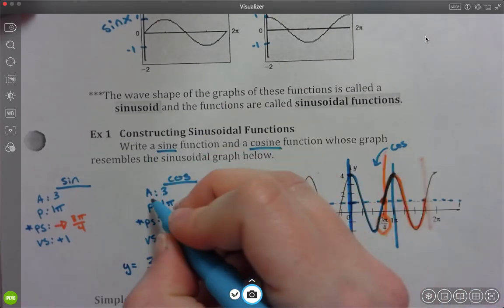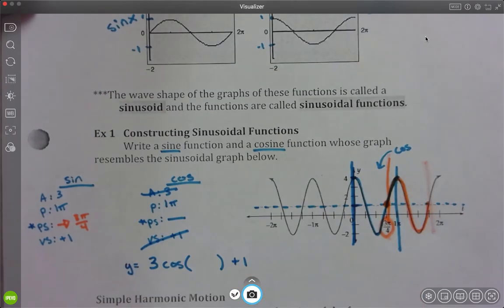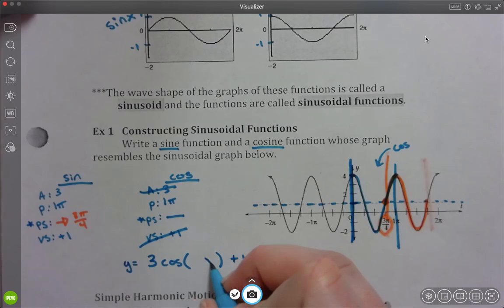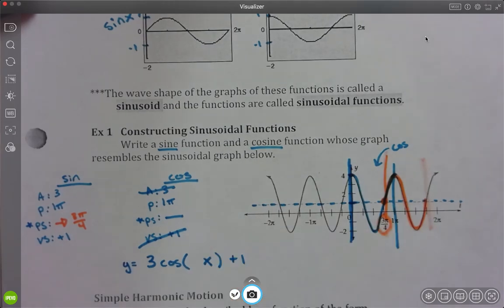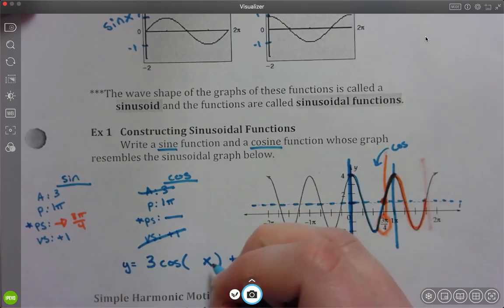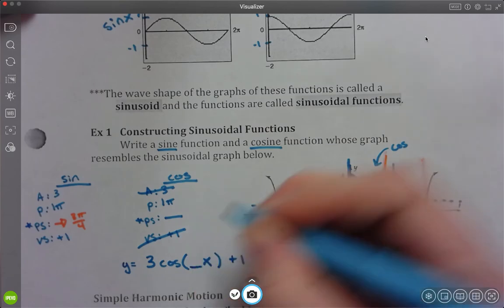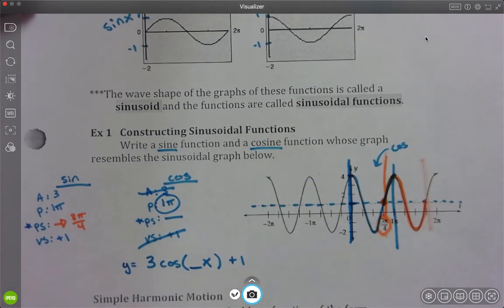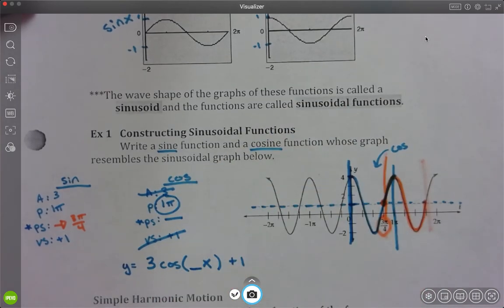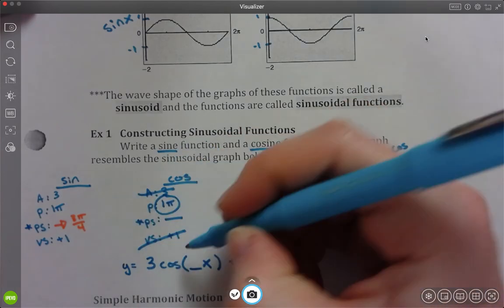Those are both done. Now I need to have an x in here, or sometimes people put theta or t, whatever. But the number in front of the x, this b value, is determined by the period. I can't just put pi in front of there, that doesn't go in that spot.